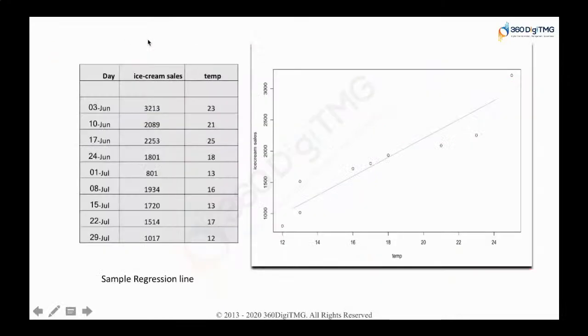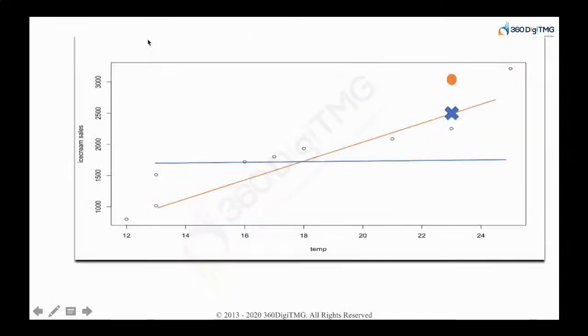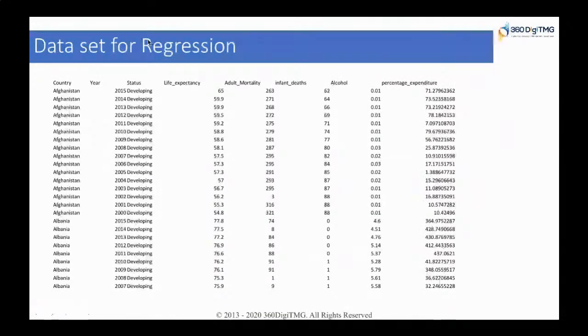So now let us understand the data set here. This is something related to statistical analysis on the factors which influence life expectancy. I have the country, the year, the status of the country. This is the life expectancy, my output column.